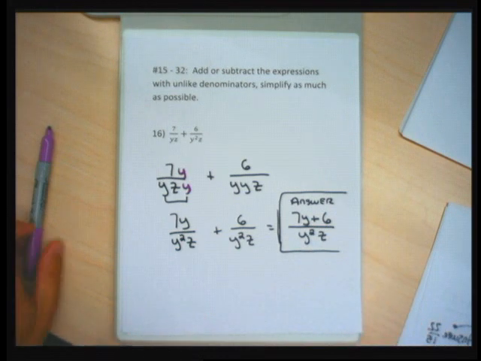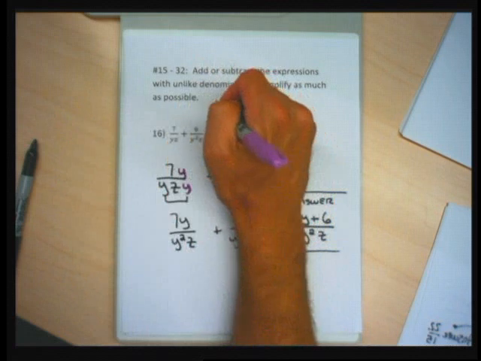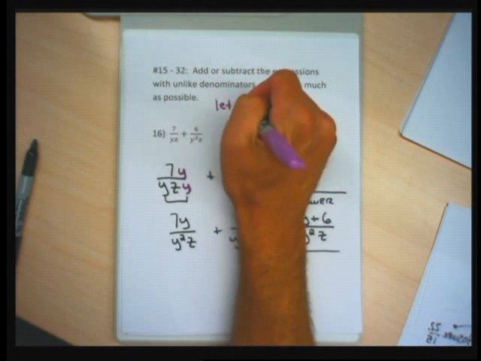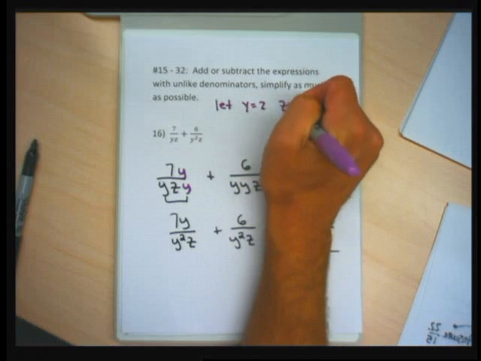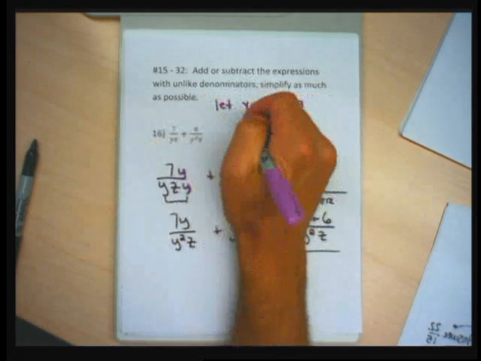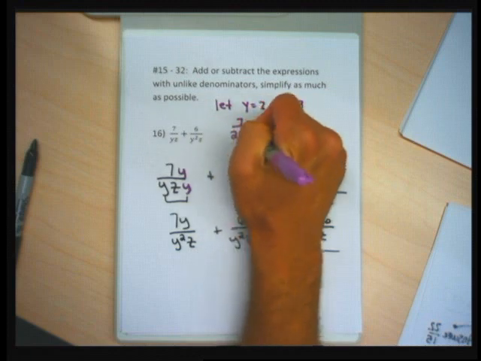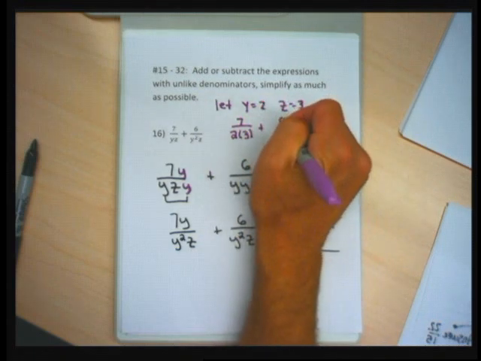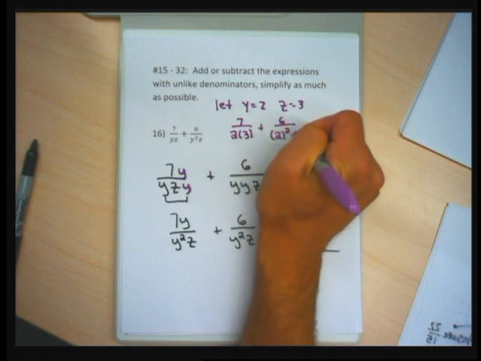Real quickly, I'm going to check, and then I'll show you what happens if you check a wrong answer. So I'm going to let y equal 2 and z equal 3. In the original problem, I'm going to go 7 over 2 times 3 plus 6 over 2 squared times 3.